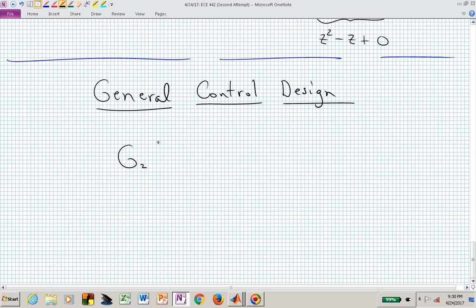They say, here's a system, G sub 2 of z, and I would like for you to stabilize that system by the choice of a controller.